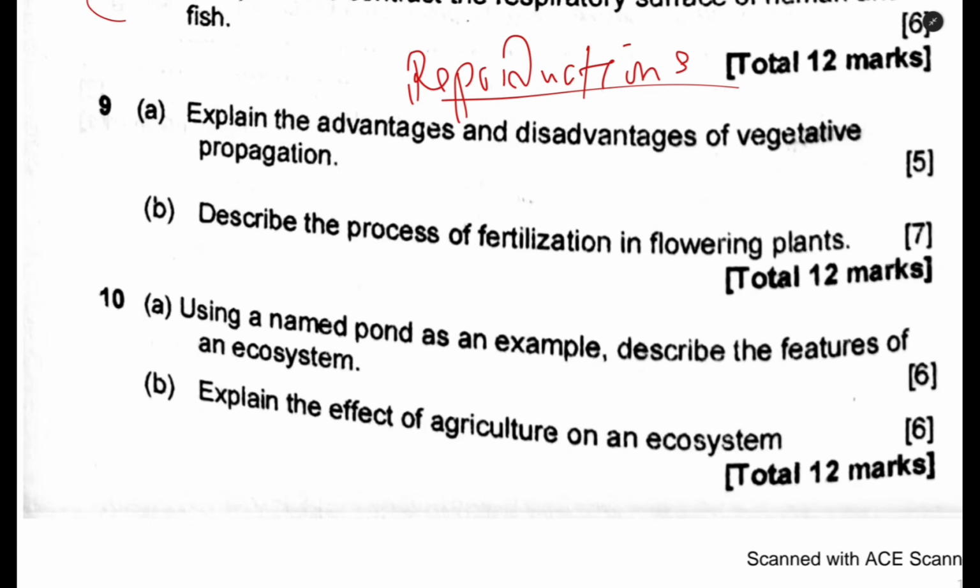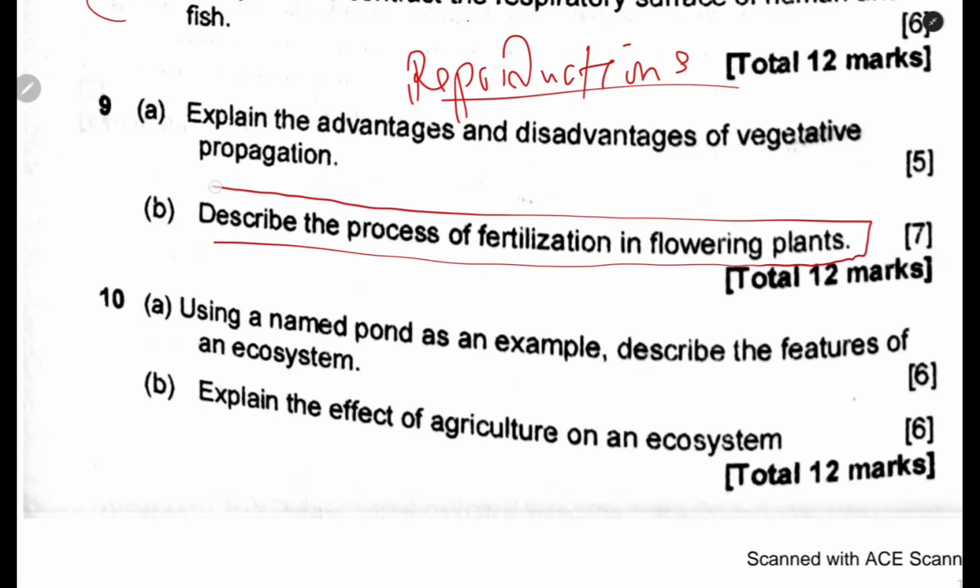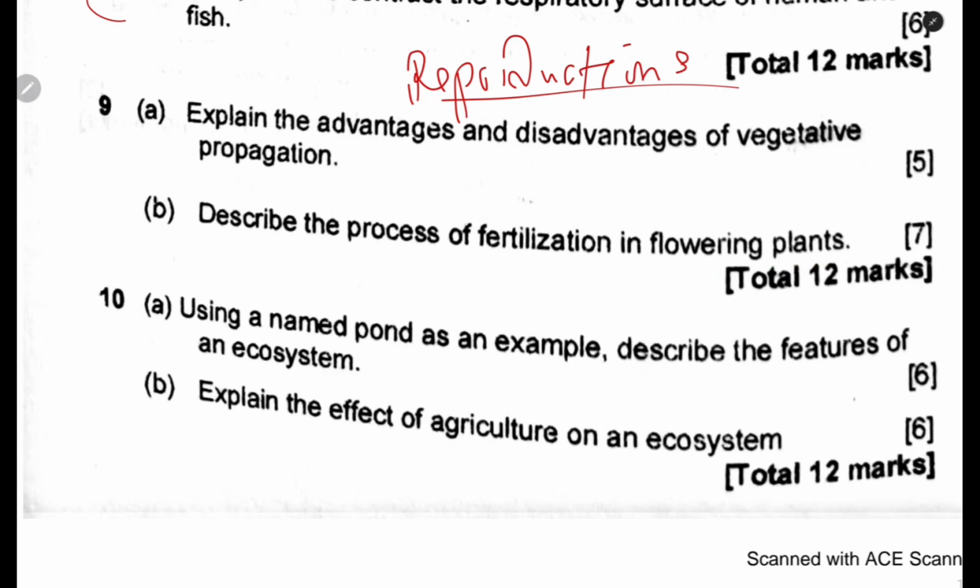Then describe the process of fertilization in flowering plants. I've also seen a question where you are asked to describe the functions of the flower, that is one of the questions. Then also fertilization in this one. So also this part, you need to know it.